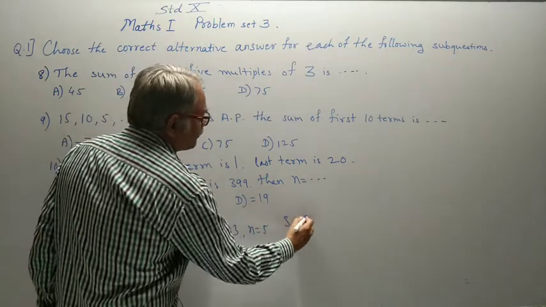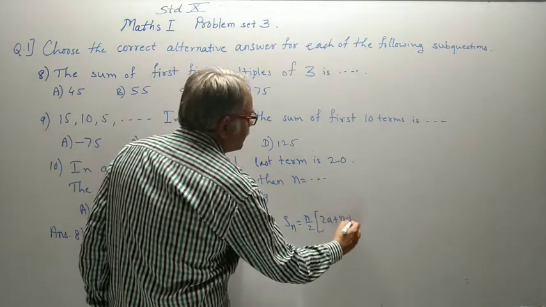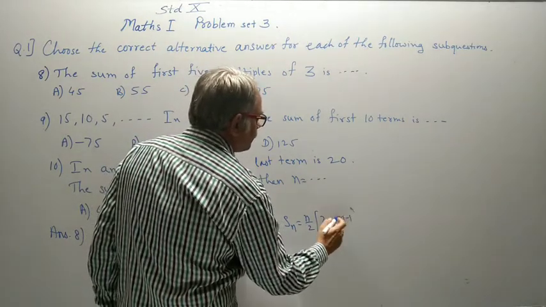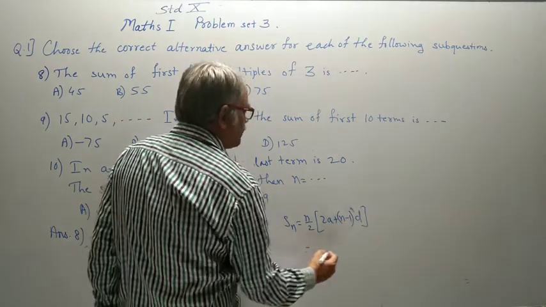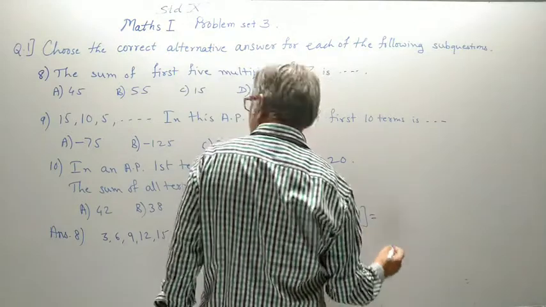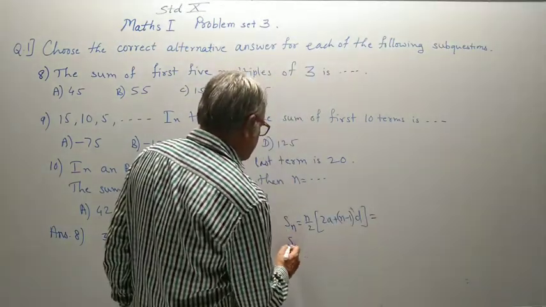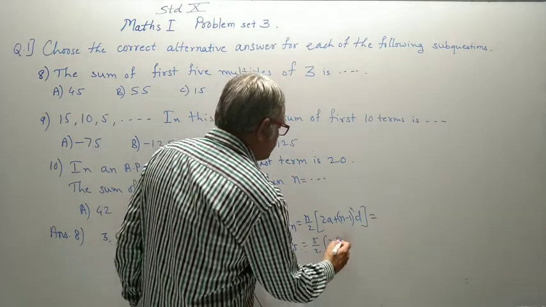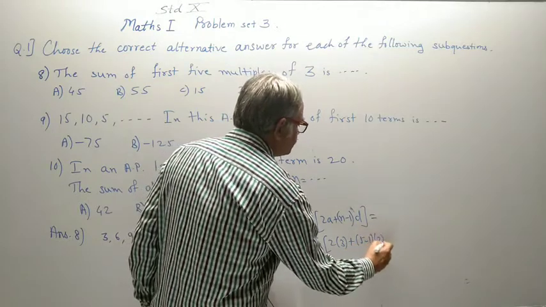Sn is n by 2 bracket 2a plus n minus 1 into d. What we want is S5. S5 is equal to 5 by 2 bracket 2 into 3 plus 5 minus 1 into 3.